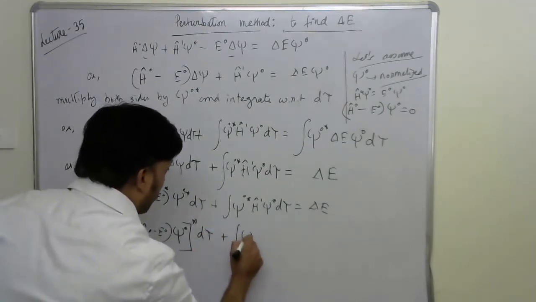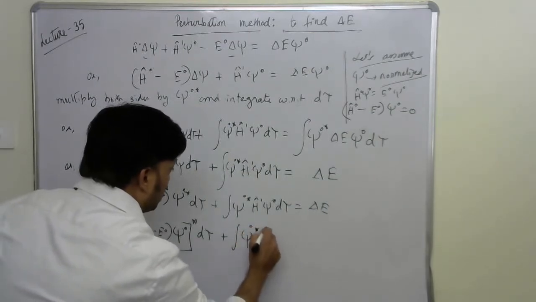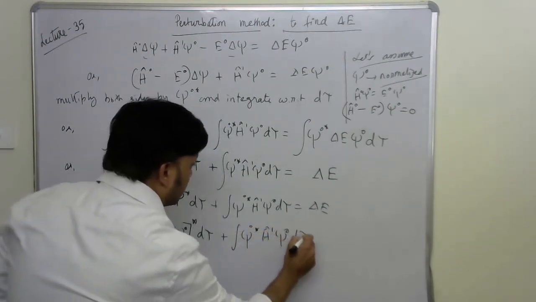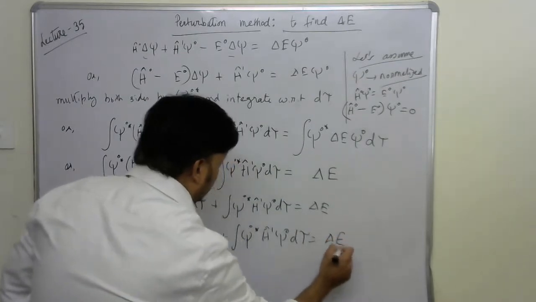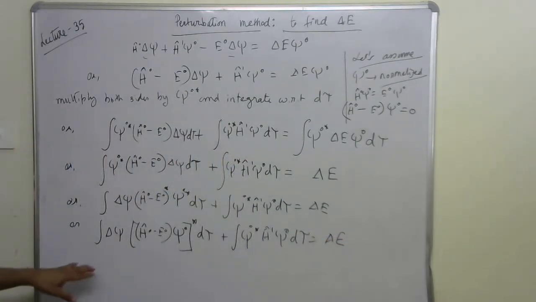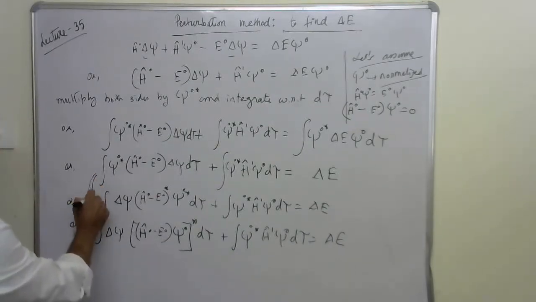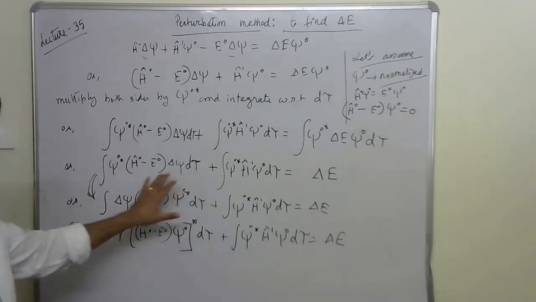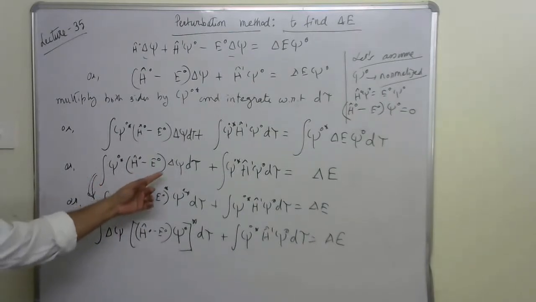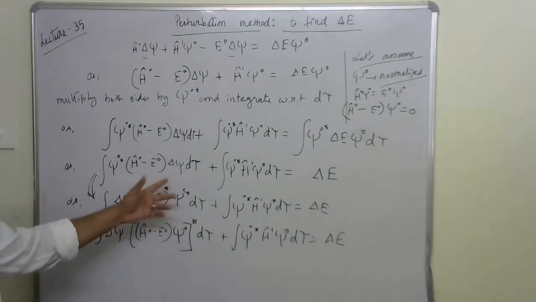You can now recognize, things are taking place something like this is equal to delta E. So now, applying the Hermitian condition from here to here, if you have forgotten about it, you can quickly take a look.